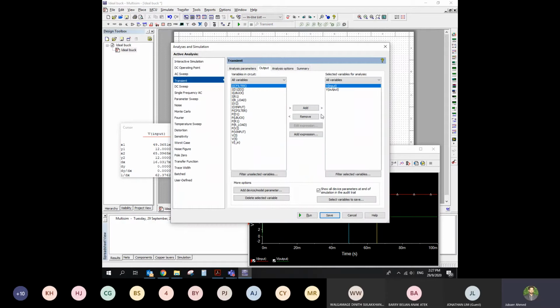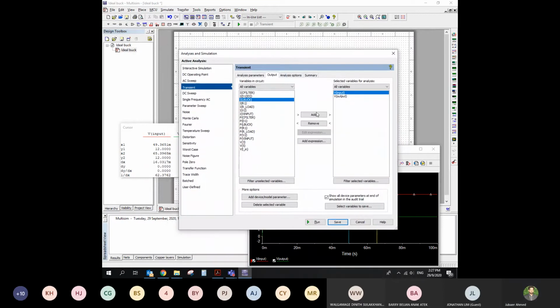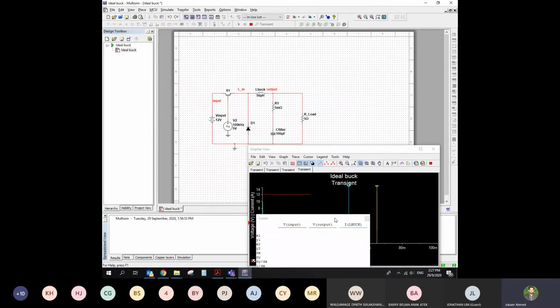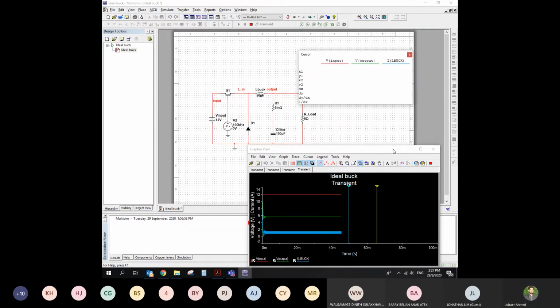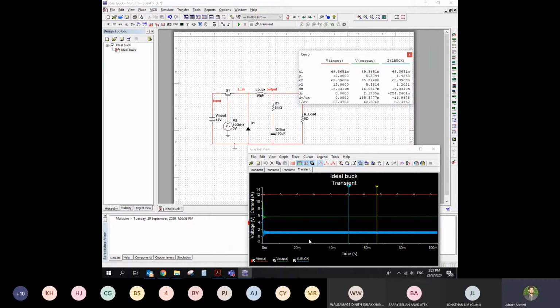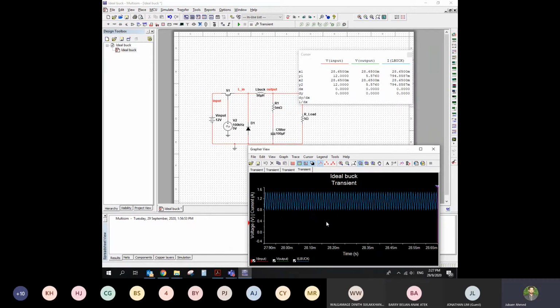Transient, look at the output. Where is our inductor current, IL? Okay, I'm resimulating it. Let's zoom in on the current part.